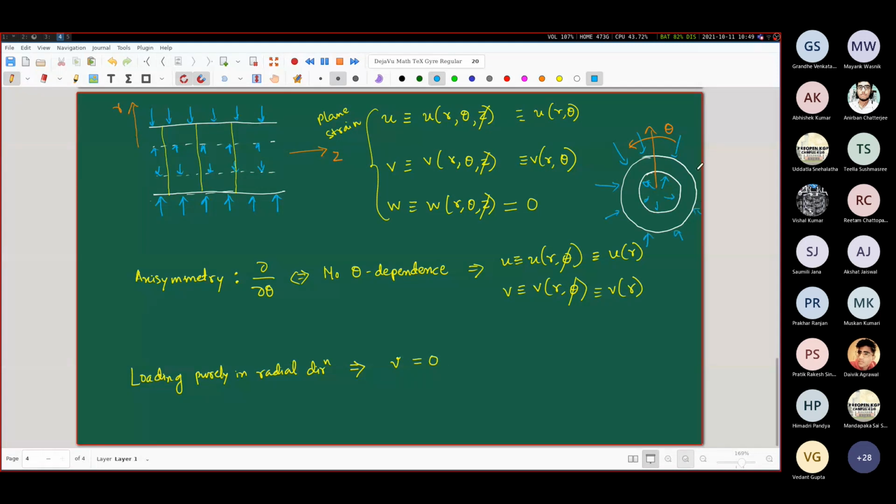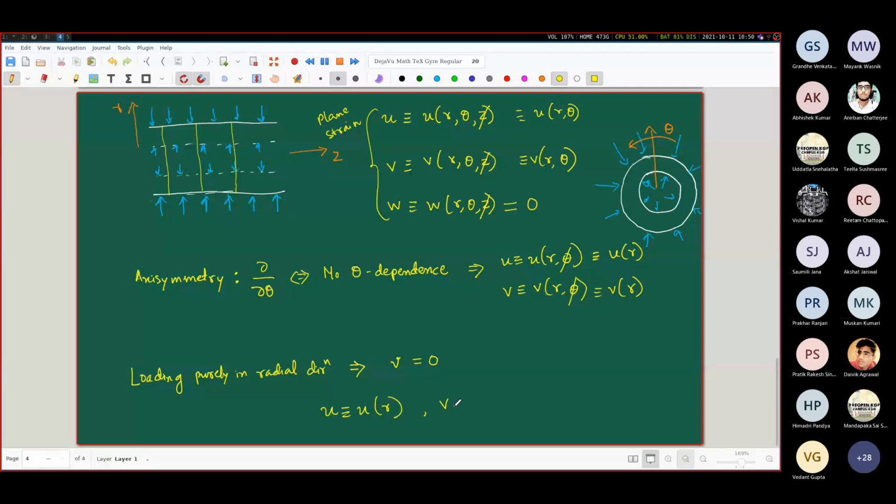So after all these simplifying considerations of plane strain, geometrical axisymmetry, and the loading purely in the radial direction, what we end up with finally is that U is just a function of R, V is equal to 0, W is equal to 0.